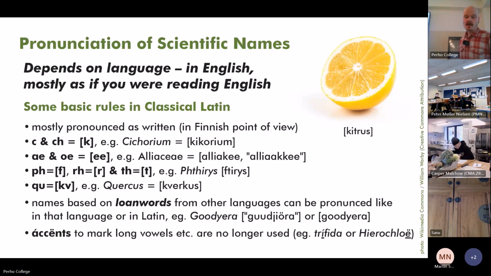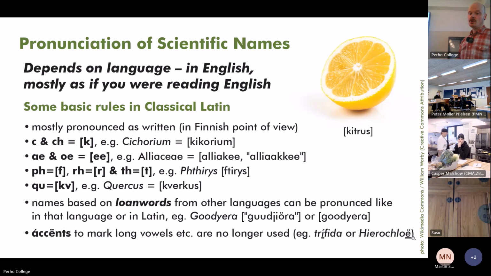Also, earlier there were accents used in scientific names that showed where the long vowels are. For example, here, this word trifida, there was this accent, which tells that the first E is long.